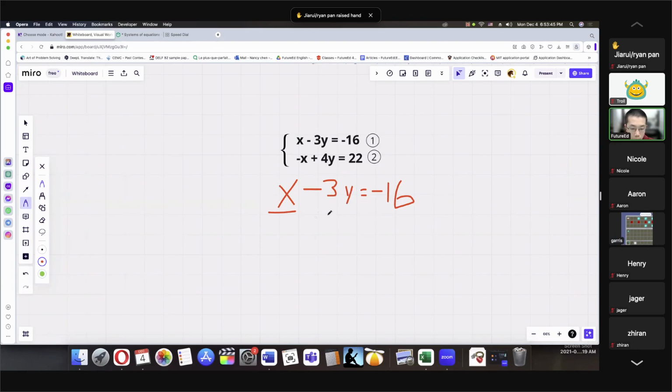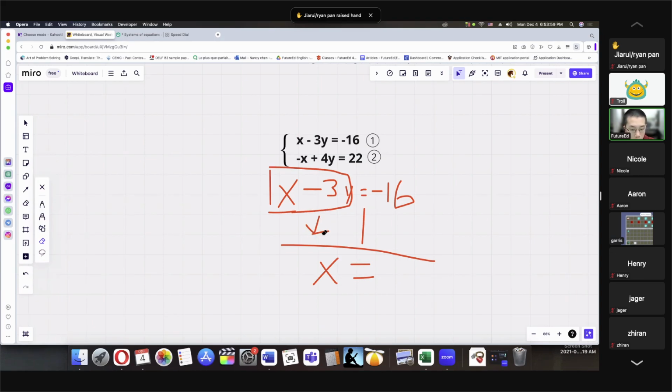So we have x minus 3y, and when we finish, we just want an x. How do we bring this gigantic thing just to an x? What's different? What do you notice? It's basically spot the difference.